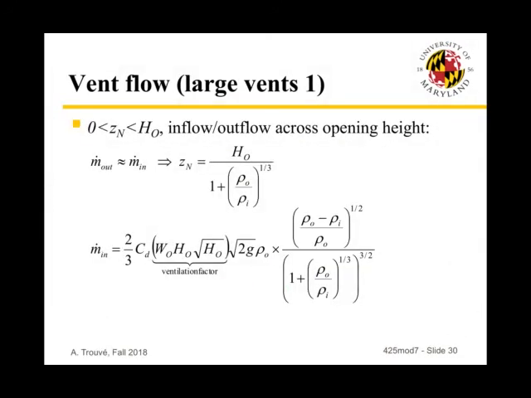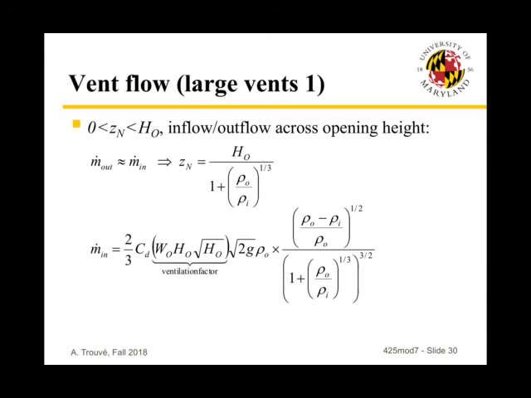Now, if we assume steady state and we write m dot in equal m dot out, we find the expression for the neutral plane elevation, and we can substitute the expression for Zn into the expression for m dot in or m dot out, and we get the mass flow rate m dot in equal to m dot out with the expression given at the bottom of the slide.